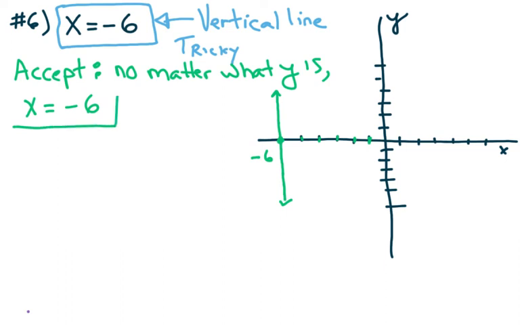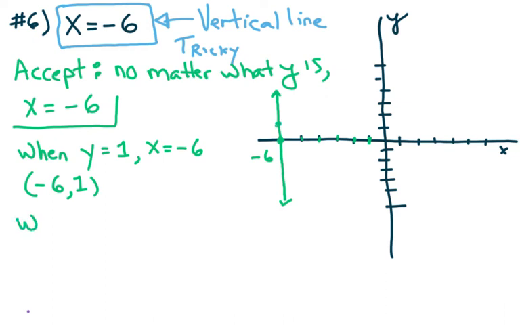It's hard to think of plotting points here, but when y equals 1, x equals -6. So you get this point, -6, 1. That's right here. When y equals -3, x still equals -6. So that's down here. So all these points are solutions.